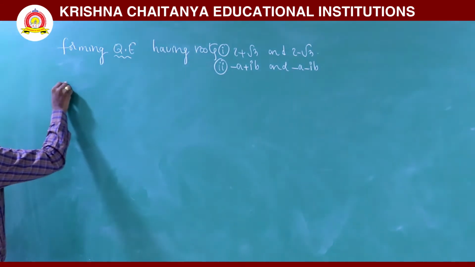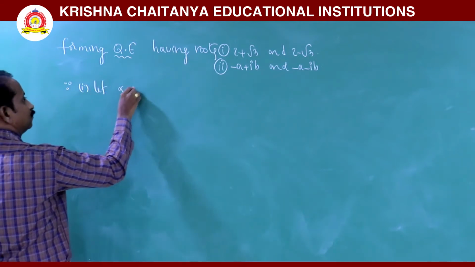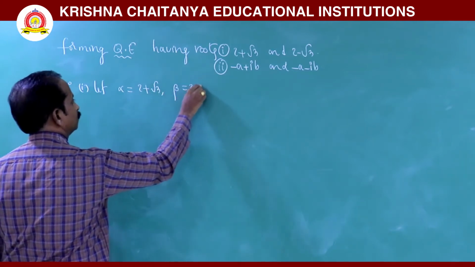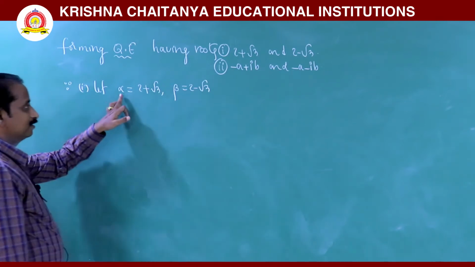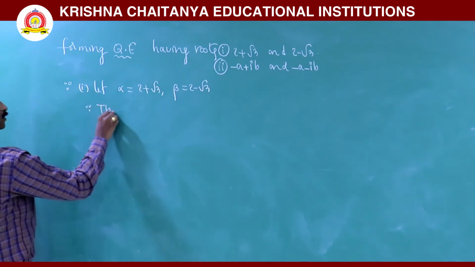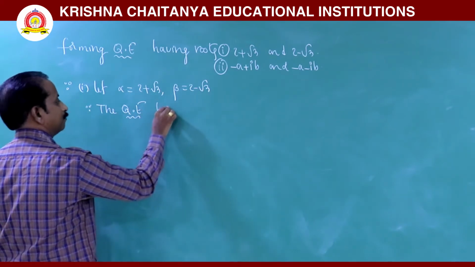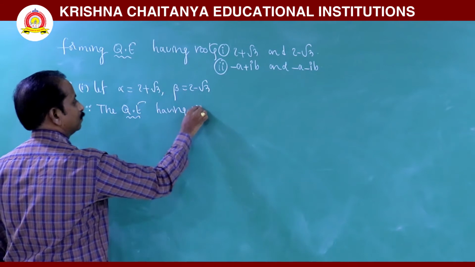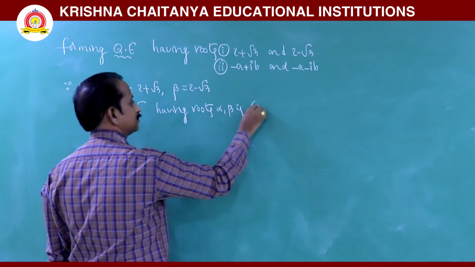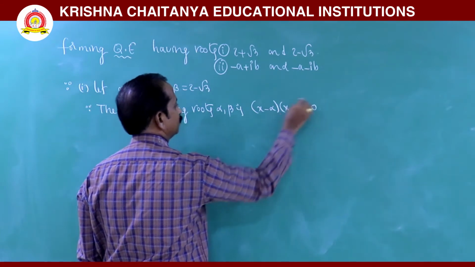Now, consider the roots, or let alpha is equal to 2 plus root 3 and beta is equal to 2 minus root 3. Whenever roots are known, we know that the quadratic equation having roots alpha, beta is x minus alpha into x minus beta is equal to 0.